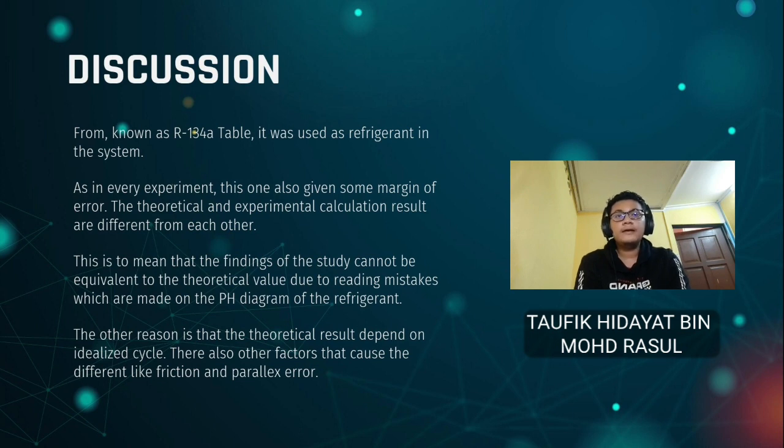This means that the findings of the study cannot be equivalent to the theoretical value due to reading mistakes made on the P-h diagram of the refrigerant. The other reason is that the theoretical result depends on an ideal cycle. There are also other factors that cause the difference, like friction and parallax error.